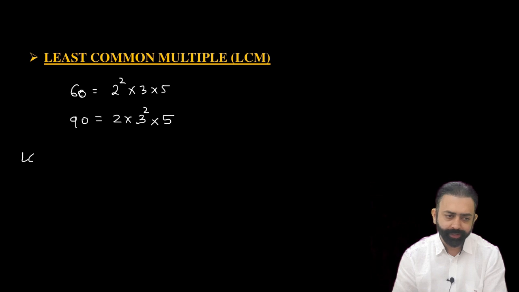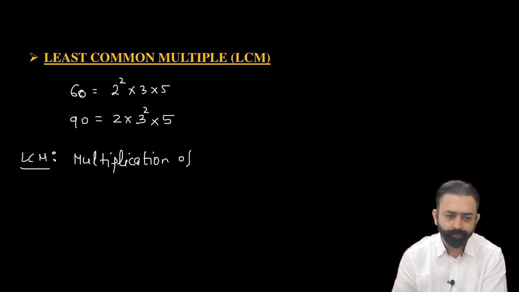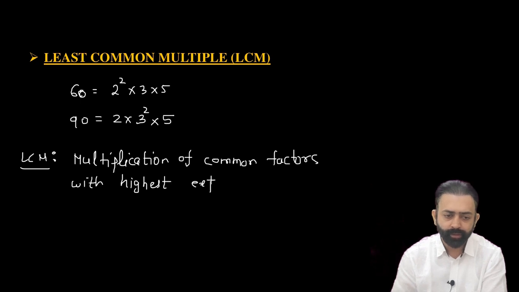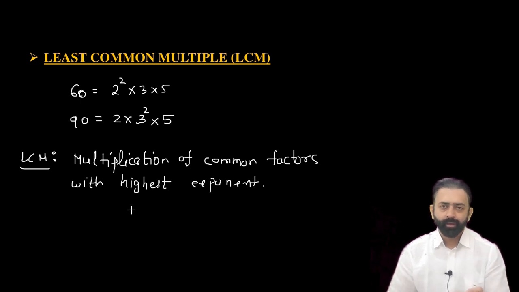So in terms of exponents, we need to find the LCM, and that LCM will be the multiplication of common factors, this time with highest exponent, right?